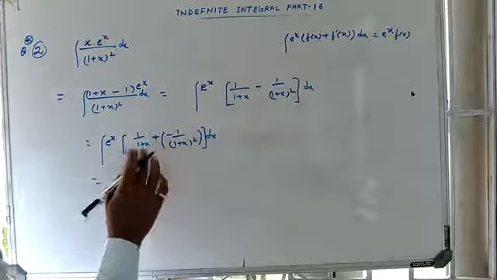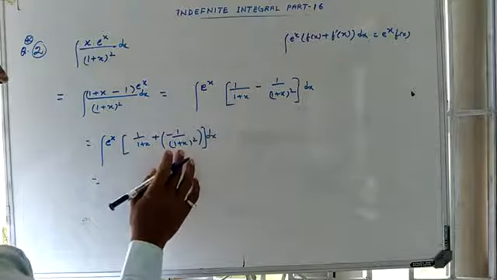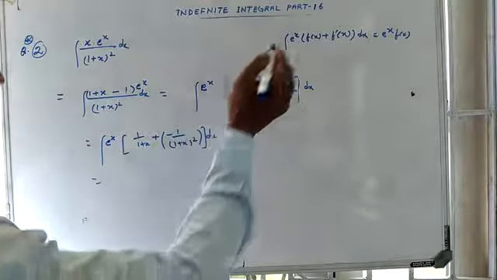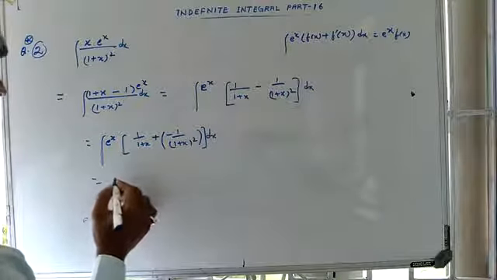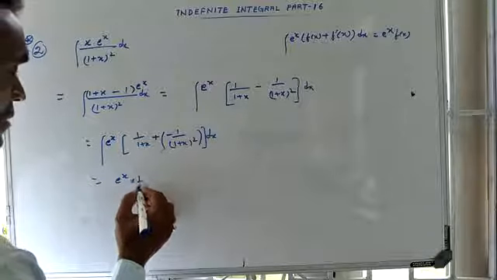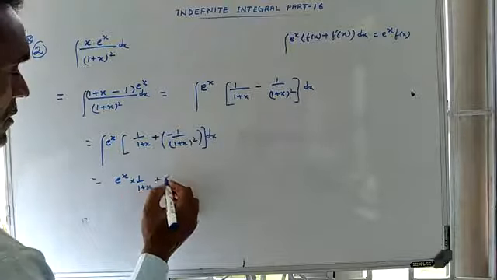So if we consider the first function as f x, then this is f dash x. We can apply the above formula, and the answer will be e to the power x into 1 by 1 plus x, plus c.